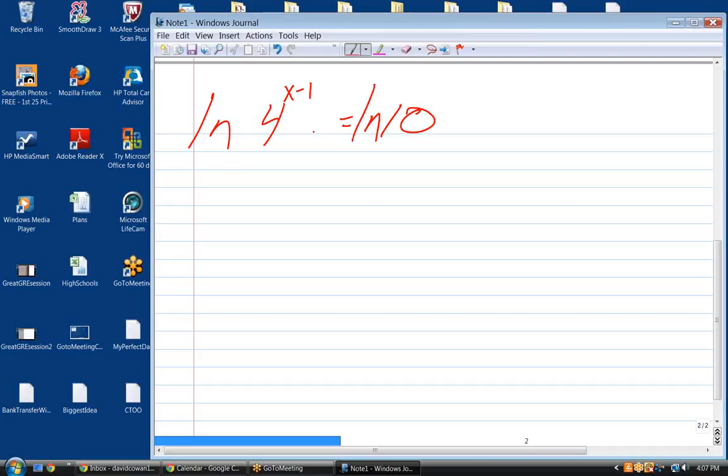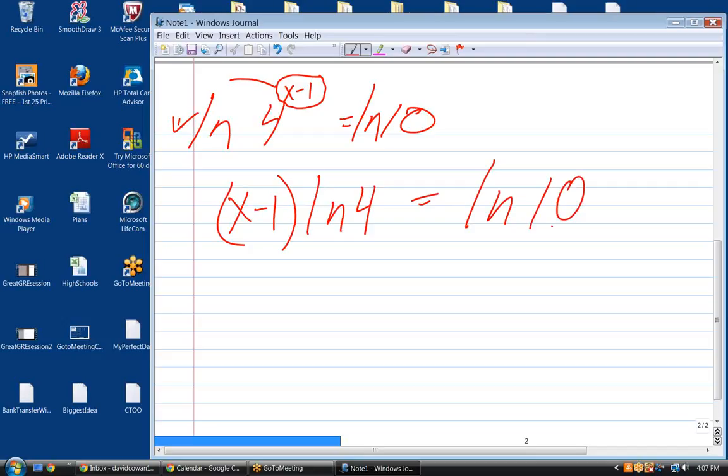Now, the reason I do that is because once I've got it in natural log format, I can take this variable that's in my exponent and bring it down in front. So that it becomes x minus 1 times the natural log of 4 equals the natural log of 10.